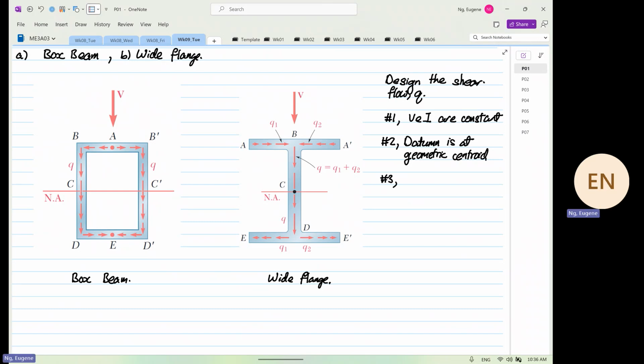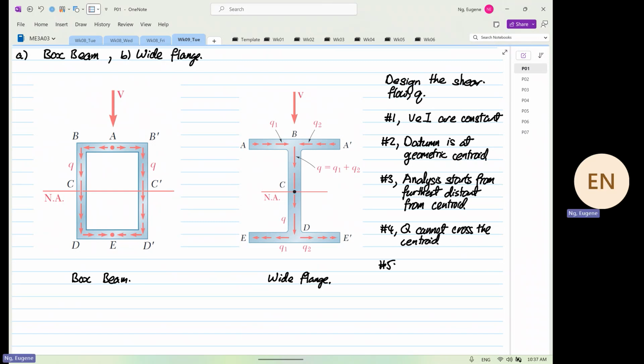Rule number 3, analysis starts from the furthest distance from the centroid. Rule number 4, Q cannot cross the centroid.